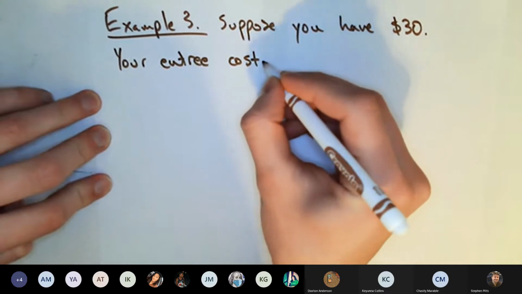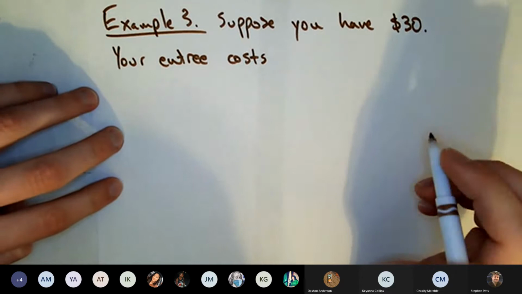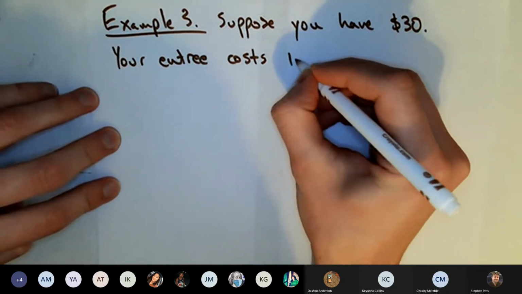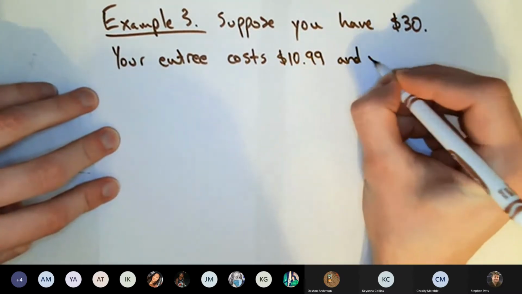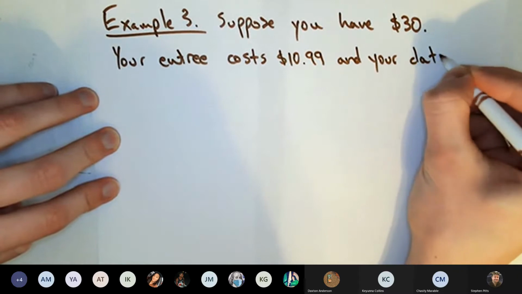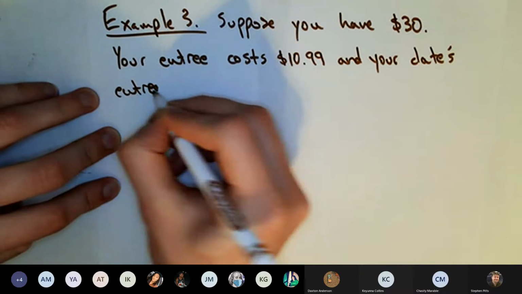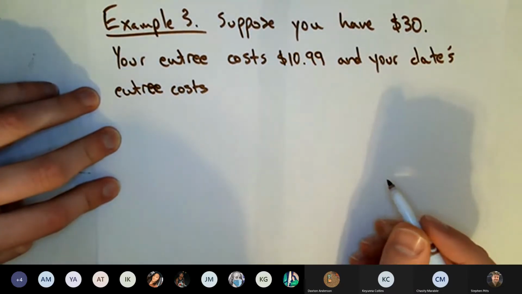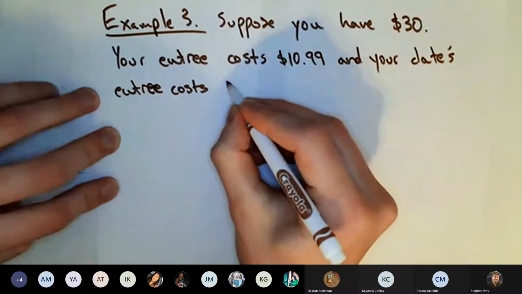costs, let's see. Let's say you've only got $30, so you're trying to be cheap. So you got the chicken tenders. Your entree only costs $10.99, and your date's entree costs, let's say he or she went for something a bit more expensive, like that weird bacon mac and cheese stuff they have at Applebee's.